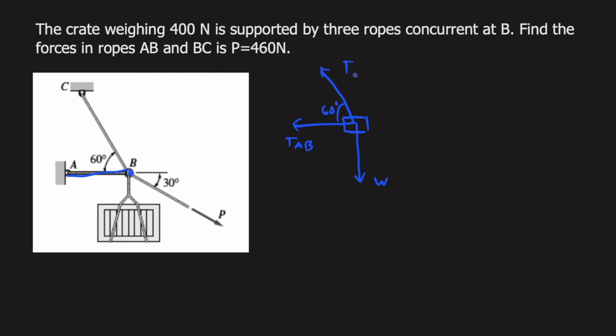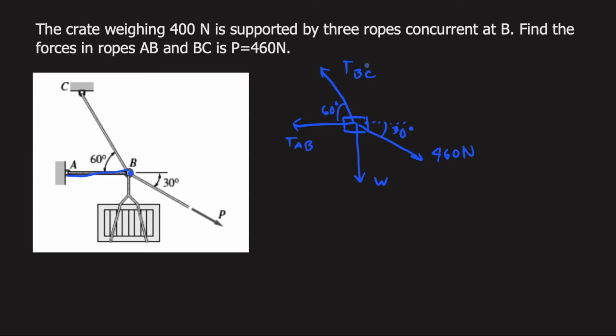This is TBC. And lastly, we have TP, which is here, and of course it's 460 newtons. We note that the angle between this horizontal and this force is 30 degrees.